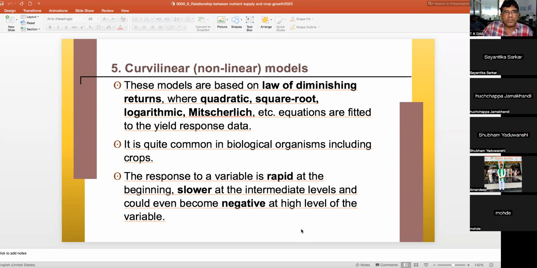These equations can establish the relationship between nutrient supply and the growth of the crop. It is quite common in biological organisms, including crops. You know, S-shaped growth is there. Initially it is slower, then growth increases at a very fast rate, then growth slows down, and then it reaches a maximum. That is your curvilinear kind of relationship.